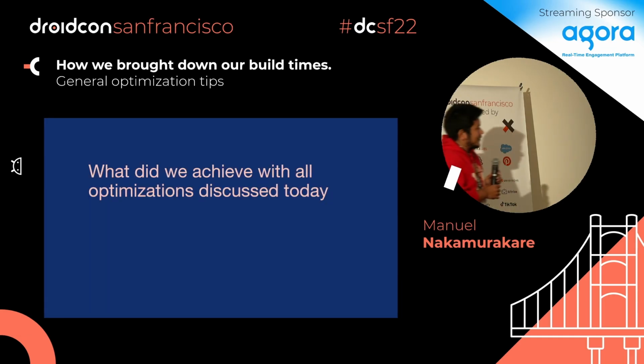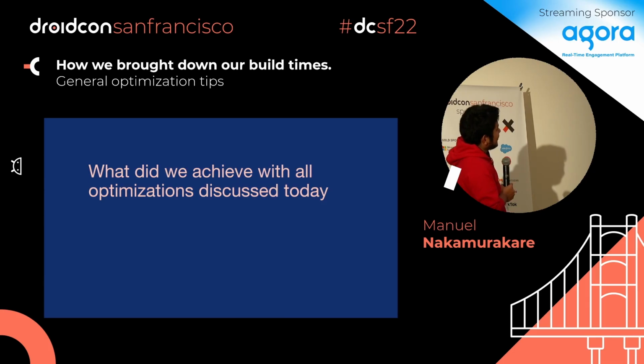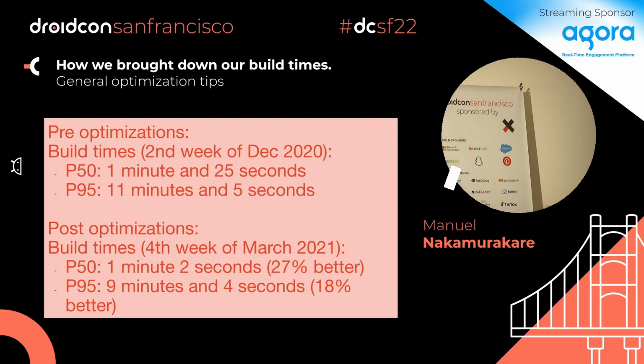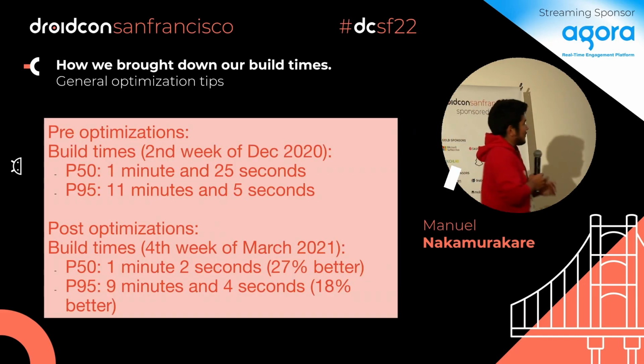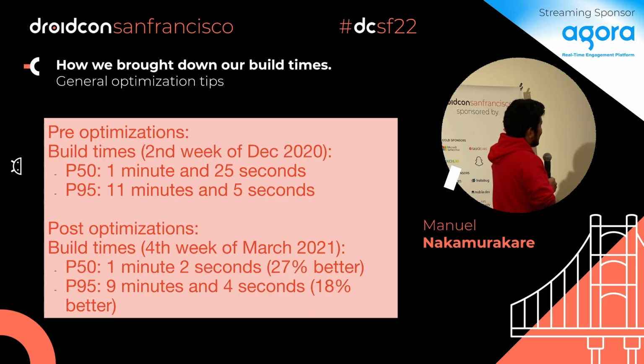So now we are reaching near the end. What did we achieve with all the optimizations that we discussed today? Pre-optimization, these were our build times as measured in December 2020, so late 2020. Our P50 was 1 minute, 25 seconds.